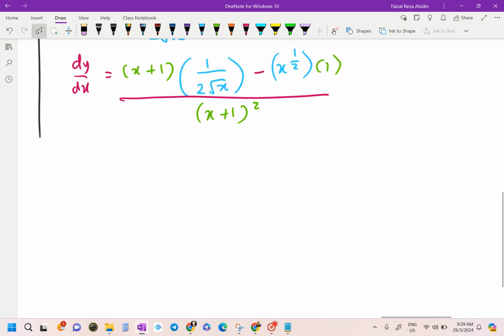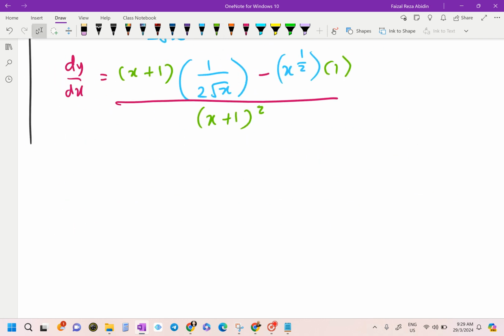Okay, this one we are going to minus x to the power of 1 over 2 times 1. I'm going to simplify this first. x plus 1 times 1, so what you are going to get is x plus 1 over 2 square root of x.